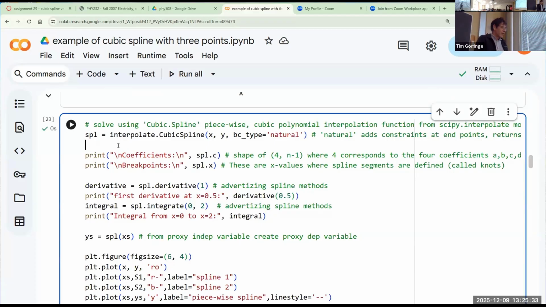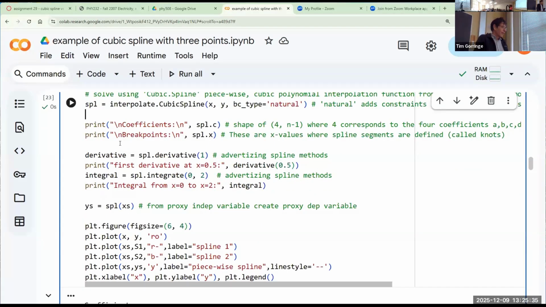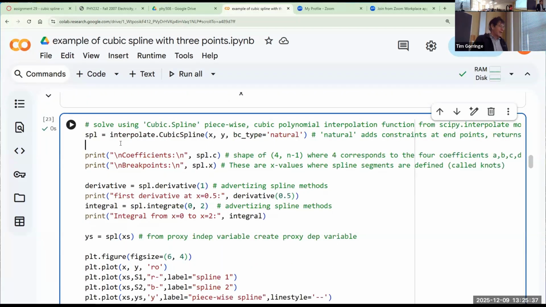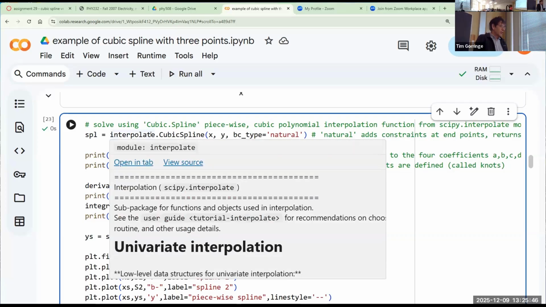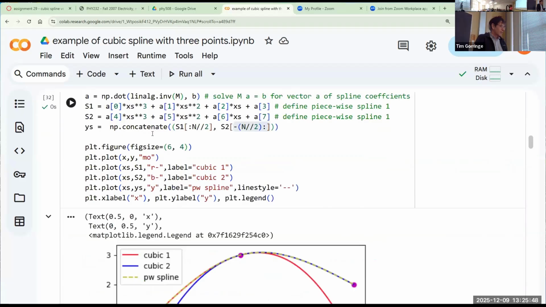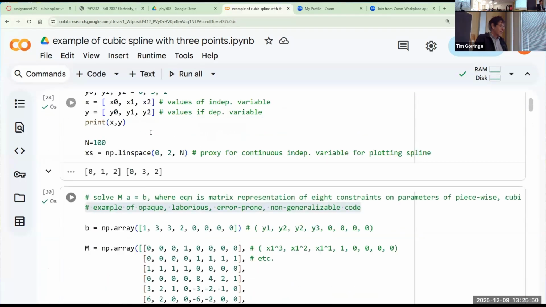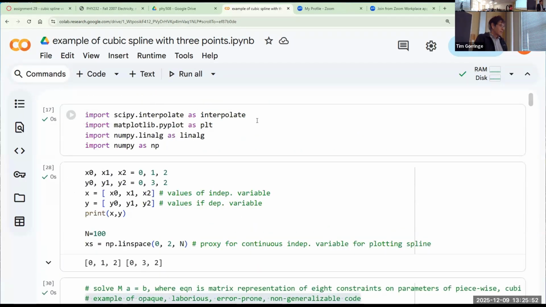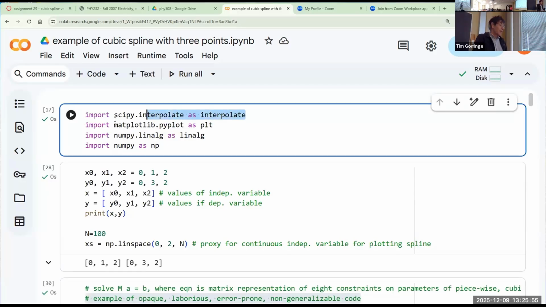In this cell, I want to show you that we went to a lot of work in making the matrix and the linear algebra, but there is a function that we can call. Let me show you where, in SciPy.